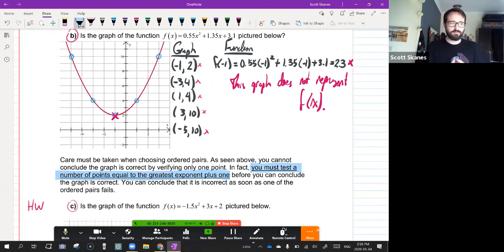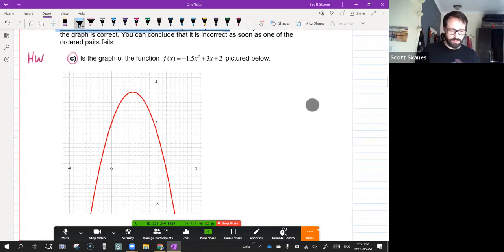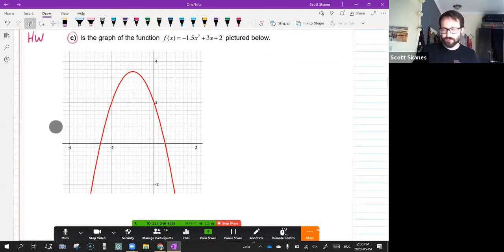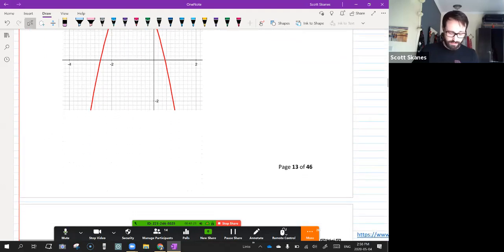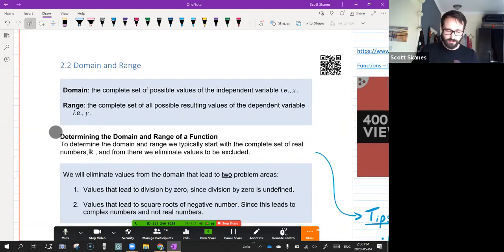X squared, the 2 plus 1 is 3, but I'm only going to give you quadratics anyway, so don't worry about that. Basically, test as many points as you can. If any are wrong, it's not a function. This one I'm going to set for homework. Choose to do it or not do it, but you'll be responsible to understand it.